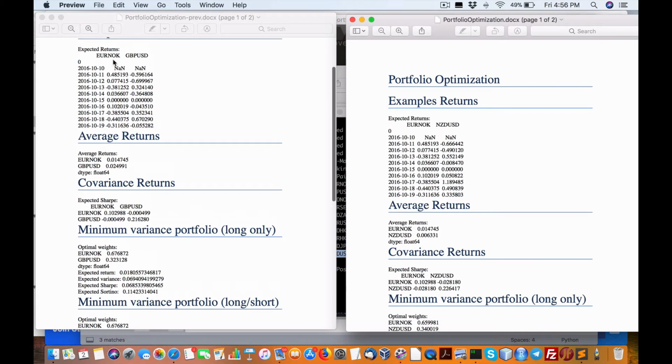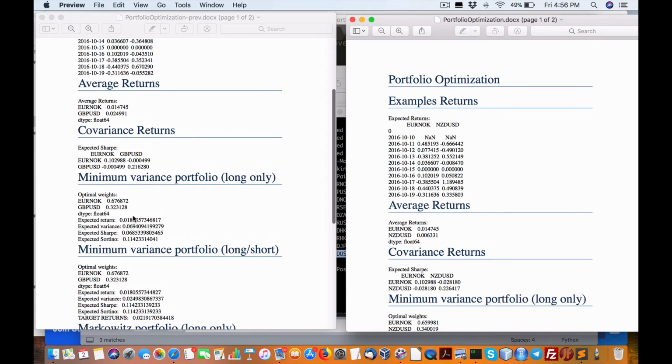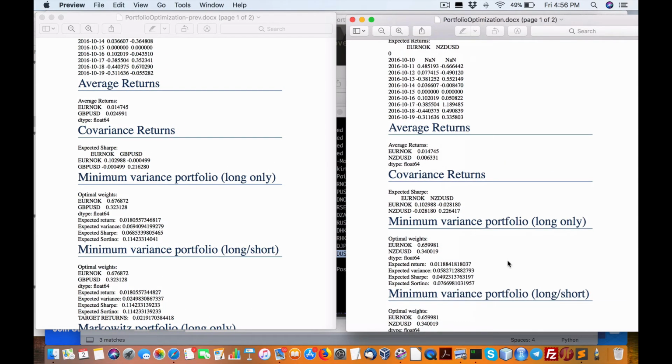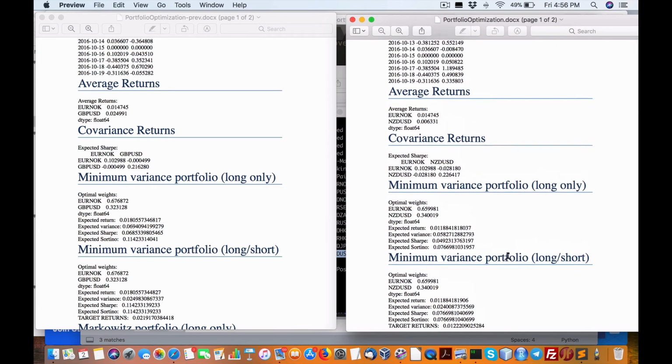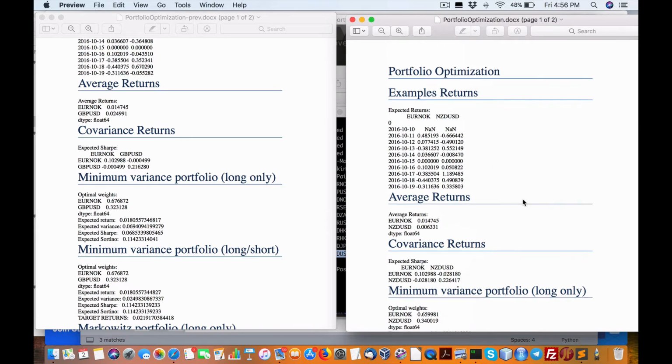Again, we're using Euro Norwegian kroner and British pound with the US dollar on this. You can see here, I'm going to stop here on the minimum variance. And again, on the right here, we're using Euro Norwegian kroner against the worst, which is supposed to have the best potential for shorting, the New Zealand and US dollar.